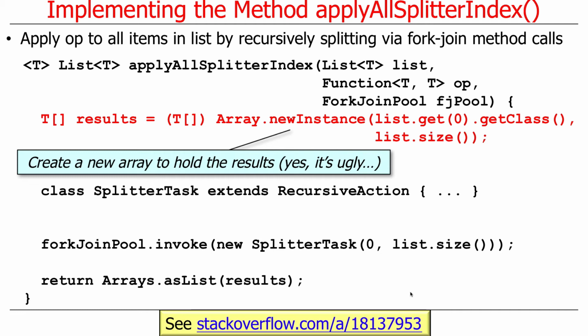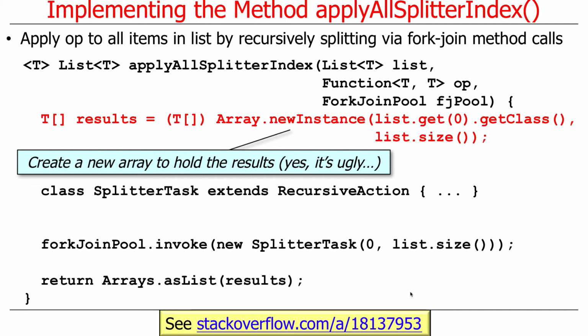I probably should make a check here to look for that and bail out. So we get the type of this, make a new array of that type with this many elements in it, and cast it to be an array of T. Now we've got this results array that's an array of type T. You would be surprised at how complicated you have to be in Java to make this work. But it's possible. It's really sleazy, but it's possible.